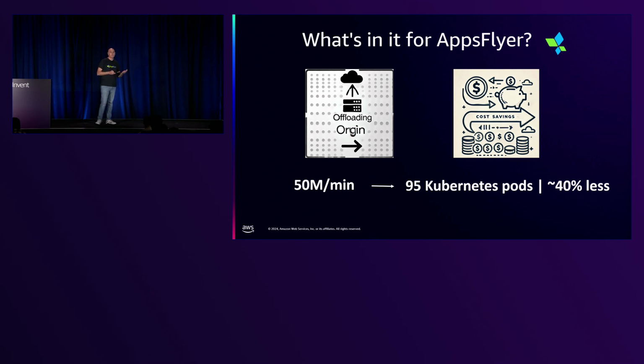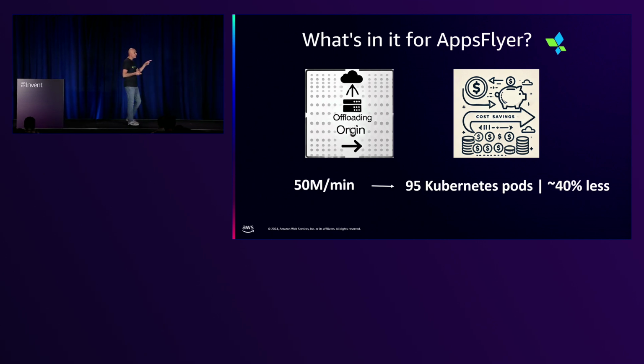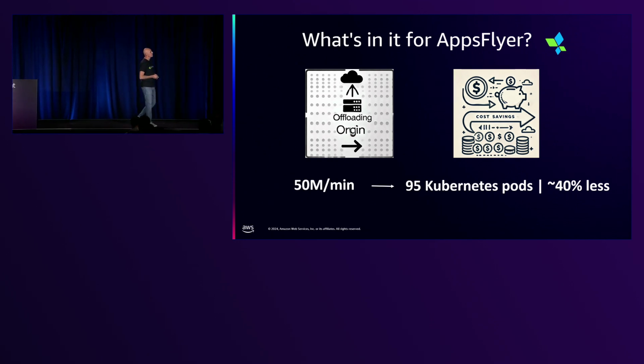So except for accuracy, since we're now serving 200 responses instead of 301 redirections, I don't need too many instances to serve the same 50 million. It was 160 before, and now 95, which is around 40% less. And of course, less compute. Happy for customers, less money, saving us cloud computing costs. This is the second use case.